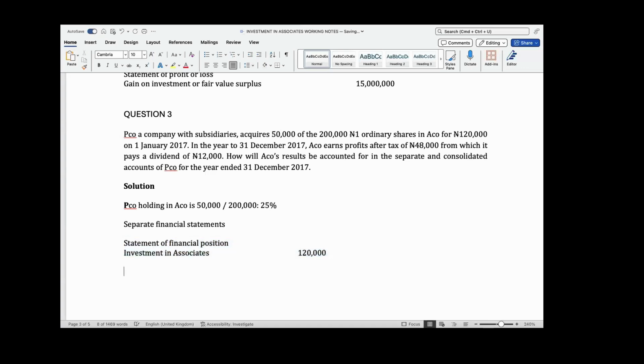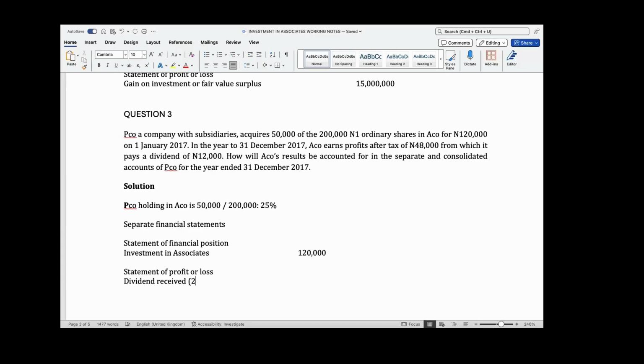And also in the statement of profit or loss, in my separate statement, I will recognize dividend received. How much dividend did I receive? Dividend received will be in P&L.